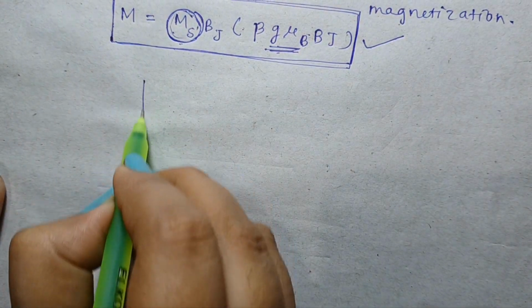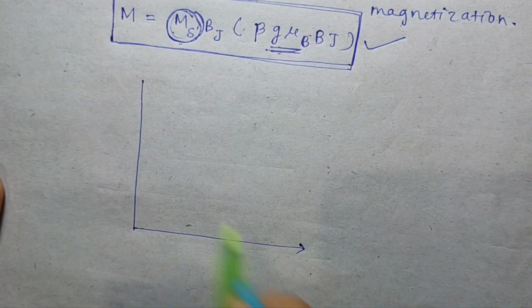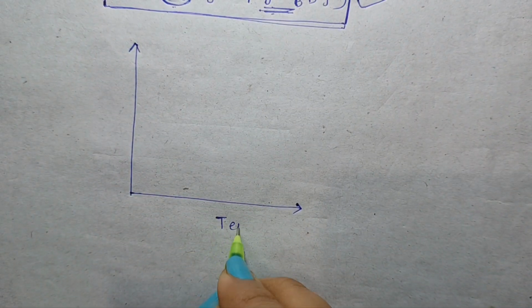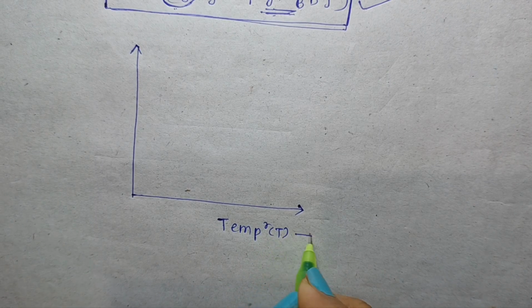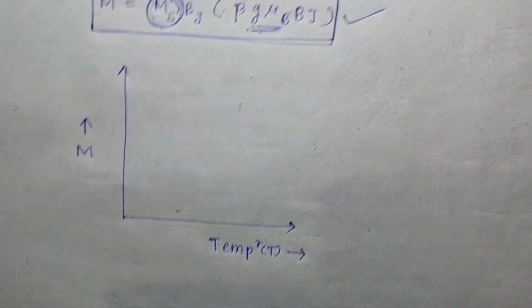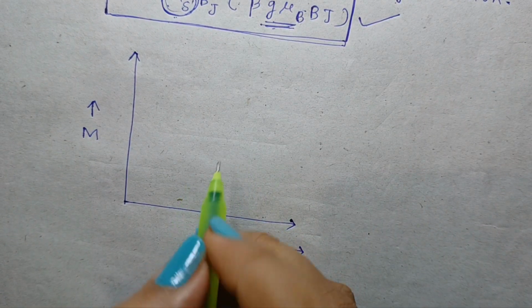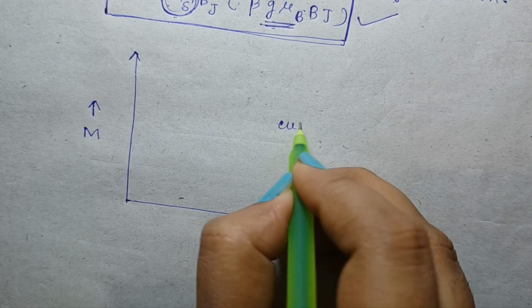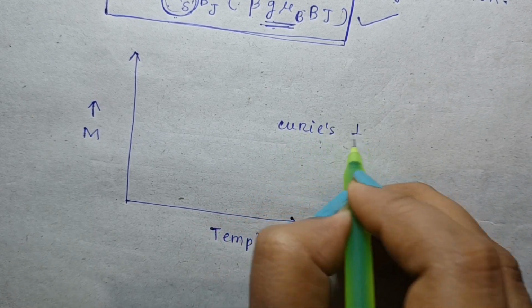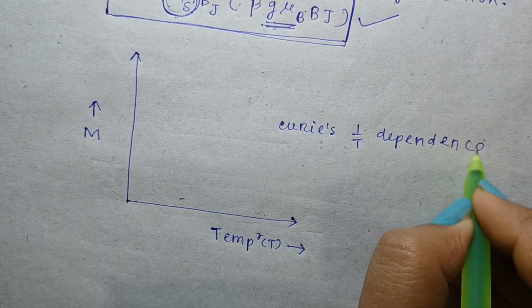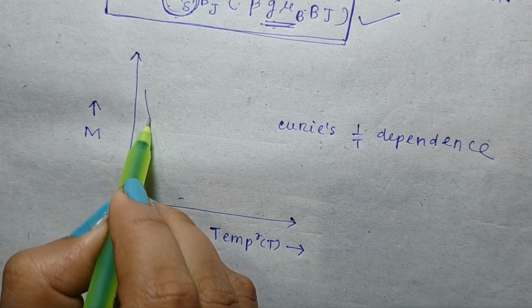Okay, the graph will be temperature versus magnetization M. So this is Curie's 1/T dependence graph. The graph is like this.